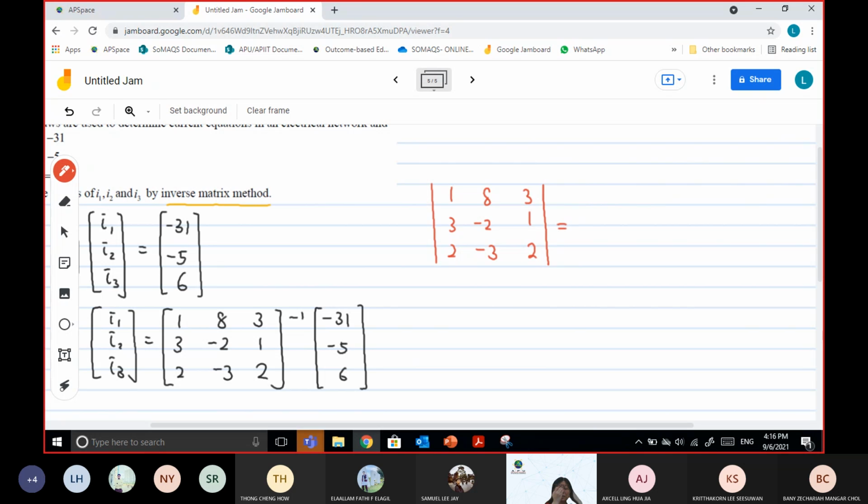I think by now, all of you should know how to do the calculation for the determinant.